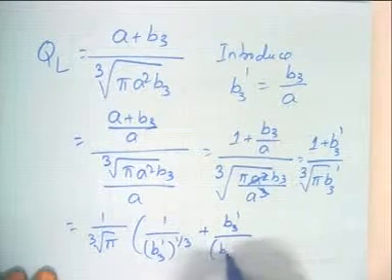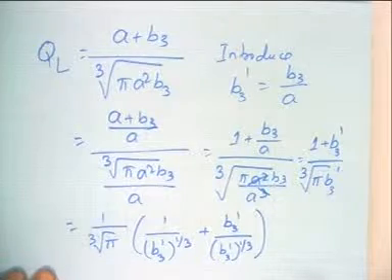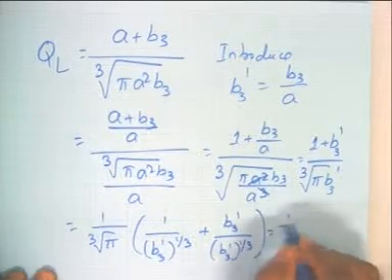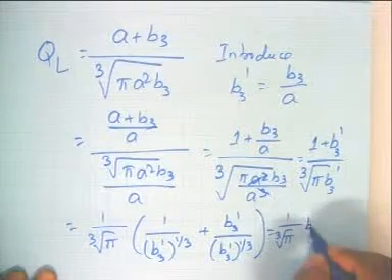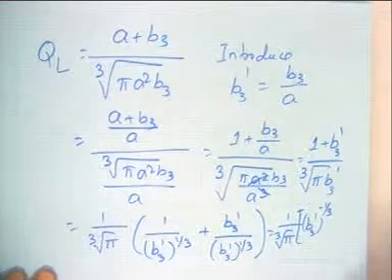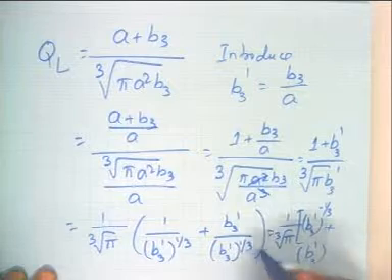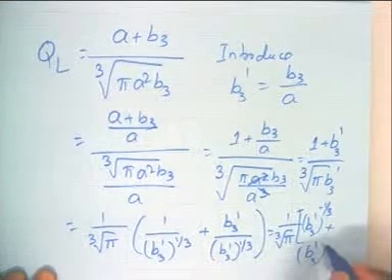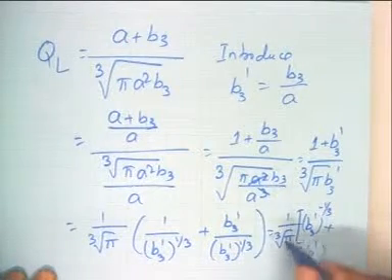So, this I can write 1 over cube root of pi, B3 prime minus 1/3, okay, plus B3 prime.